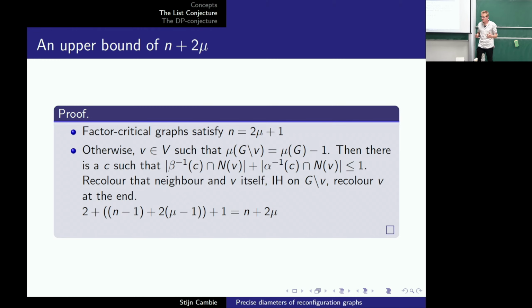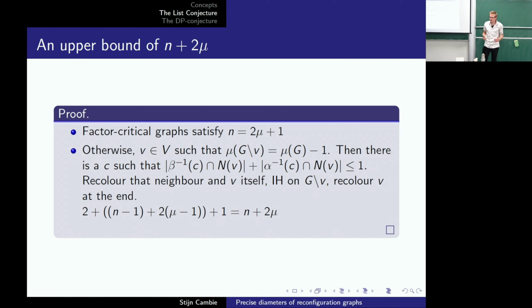There are multiple equivalent definitions for factor critical graphs, but such a graph has an odd number of vertices, and once you remove one of them, you can find a perfect matching. So n is precisely equal to 2 times mu plus 1. So in that case, n plus 2 times mu equals 2n minus 1. That case has been tackled in the previous lemma.